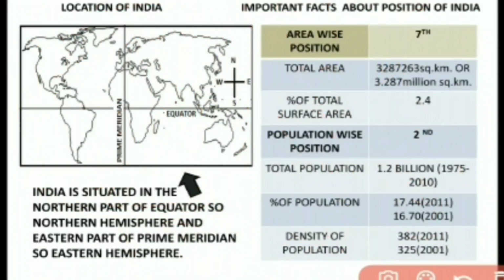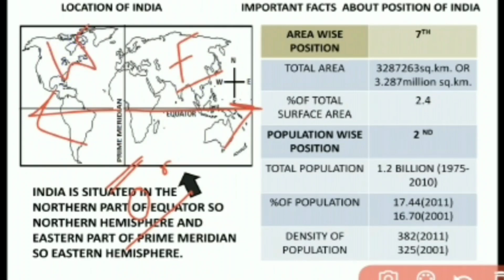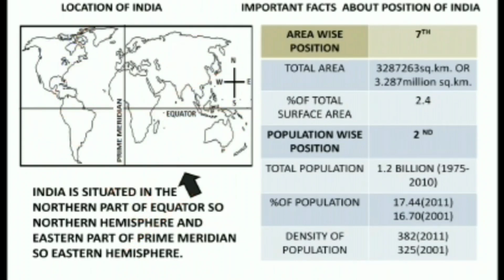Among all these longitudinal lines, we have the prime meridian as the central one. We again denote this by 0 degree, and this prime meridian divides the whole earth into two hemispheres. The eastern side is known as the eastern hemisphere and the western side is known as the western hemisphere. So on the basis of the prime meridian, where is India located? On the eastern side.